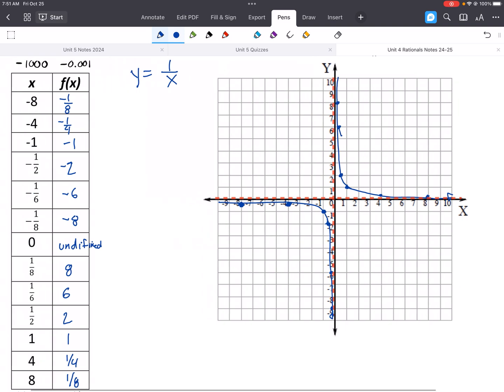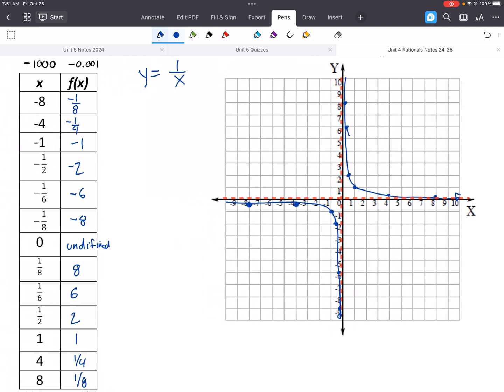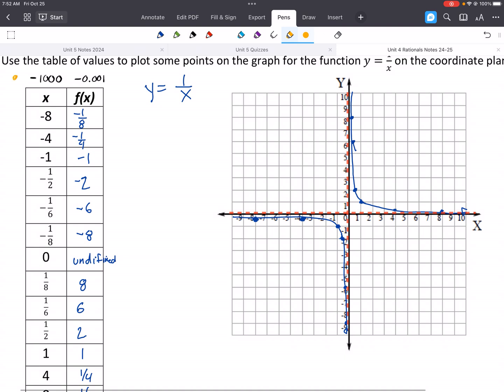Okay, as you notice, when we first plugged in -8, we ended up getting a really small number, -1/8, which was about right here, and we plotted that. And as you go farther away, like here I added an extra point, if you plugged in -1000, it would get closer and closer to 0.